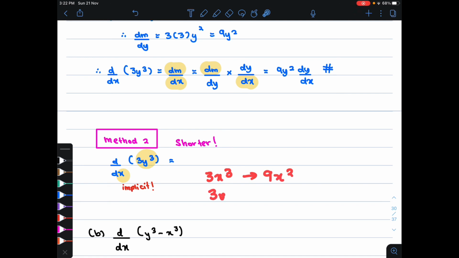And hence, if you differentiate 3y cubed, you'll get 9y squared. And for implicit differentiation, you only need to put dy over dx at the back here. So this is the shorter method of applying implicit differentiation. And in my opinion, it is better for you to use this method too, because it is much easier and shorter.